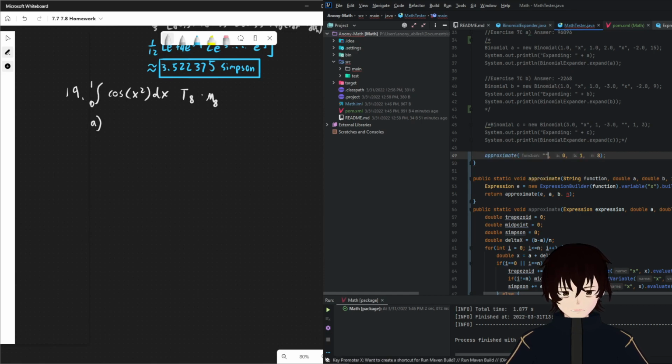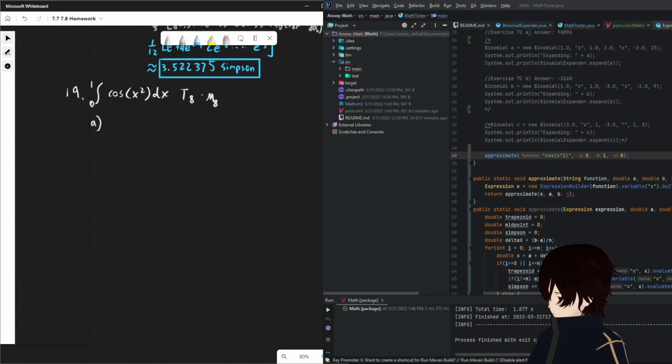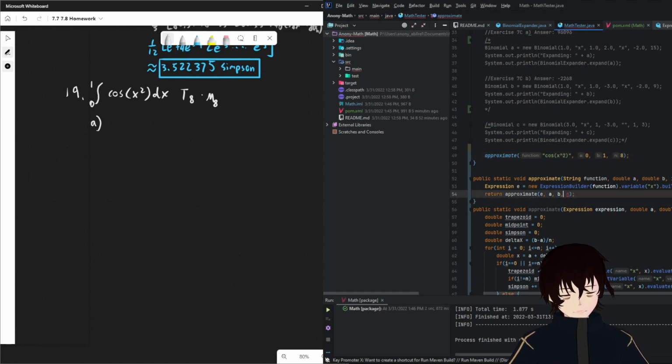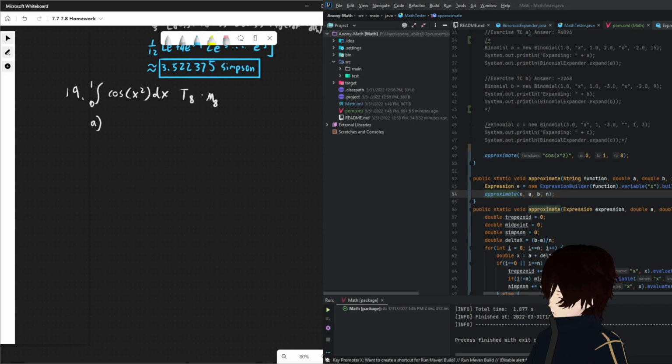Wait. Can this handle cosine? Can this handle cosine? No. Gone. Comma. No need to return. Can this handle cosine?